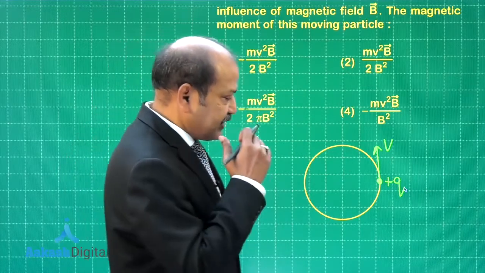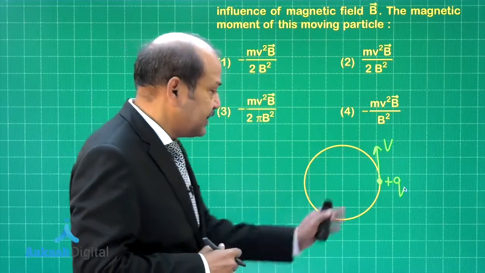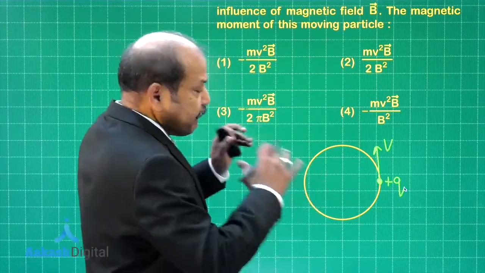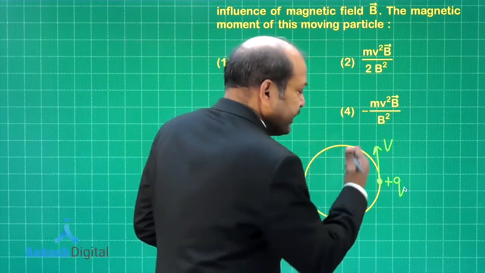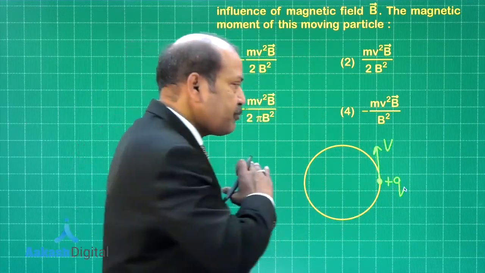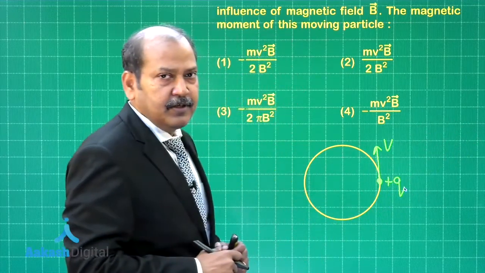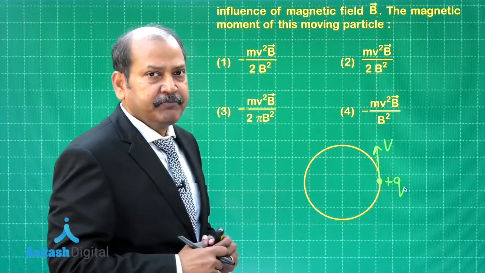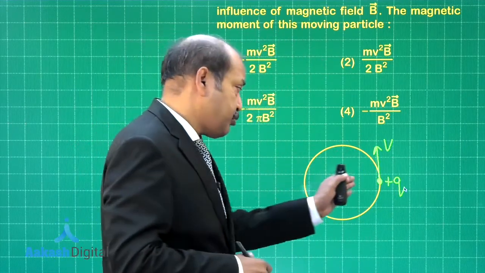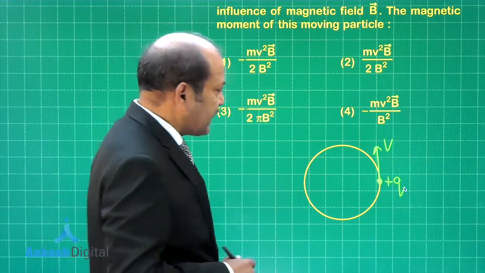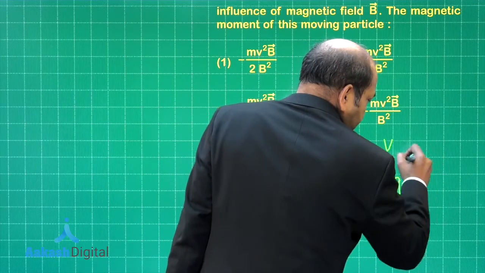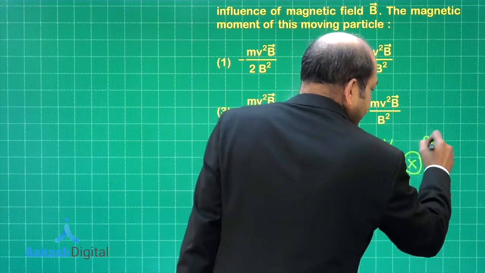What is the direction of the magnetic field so that the charged particle experiences a centripetal force towards the center? If the magnetic field is directed outward, V cross B will be pointing radially outward. So that cannot be the situation, right? If the magnetic field is pointing inward, then V cross B is pointing towards the center of the circle. So in this particular case we can take the magnetic field to be pointing inward.